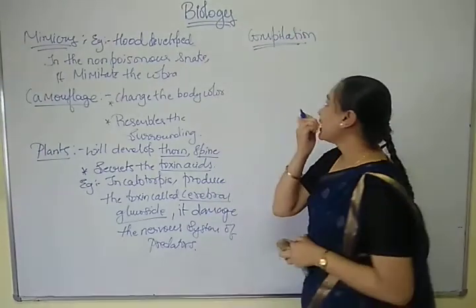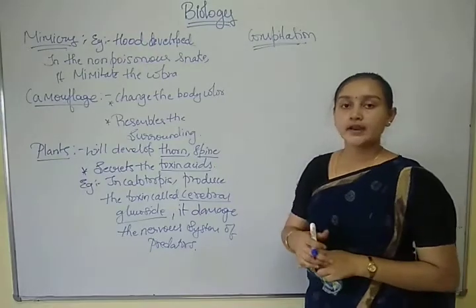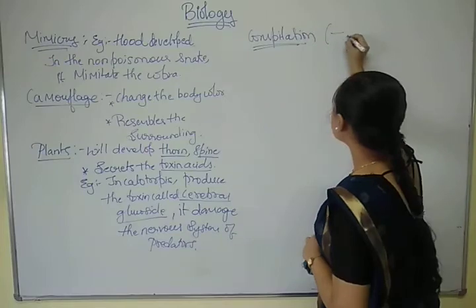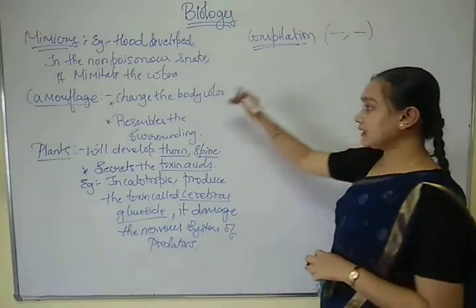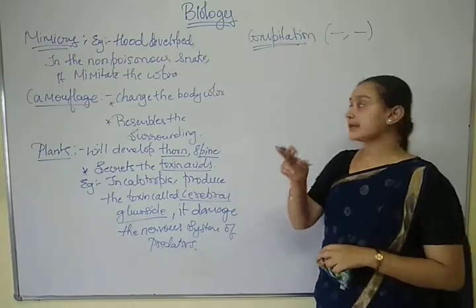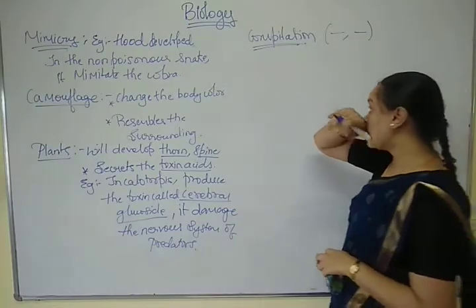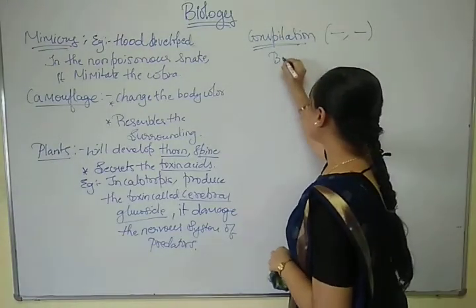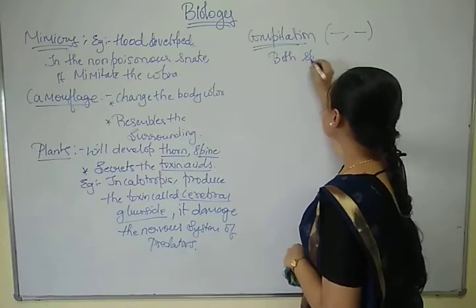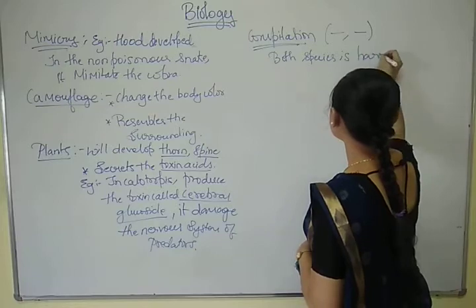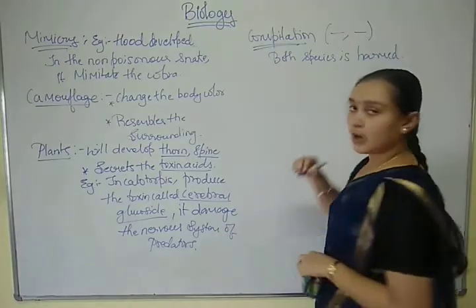So here in competition both the species are harmed. So in predation it was plus and minus, but in competition it is minus and minus. So both species are harmed in the competition.